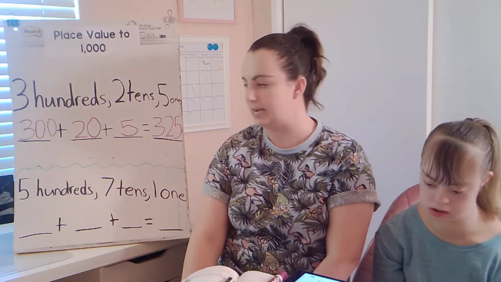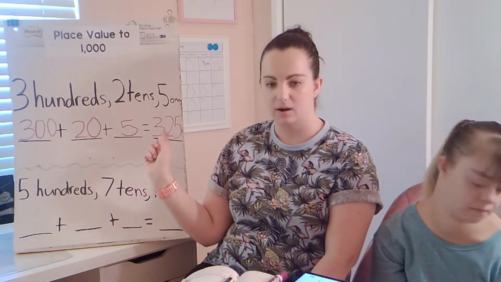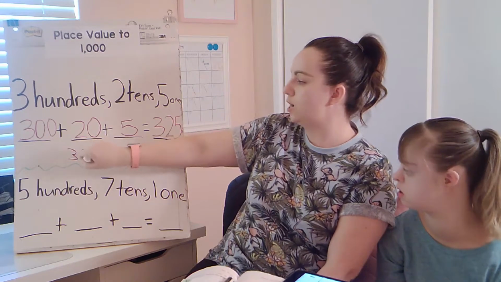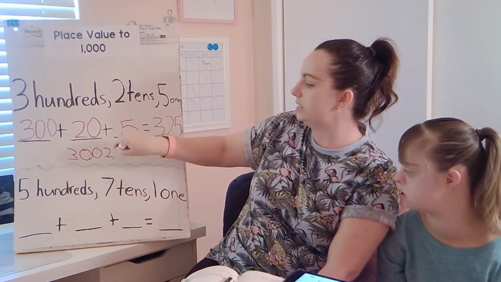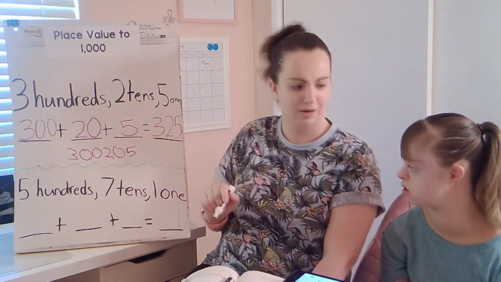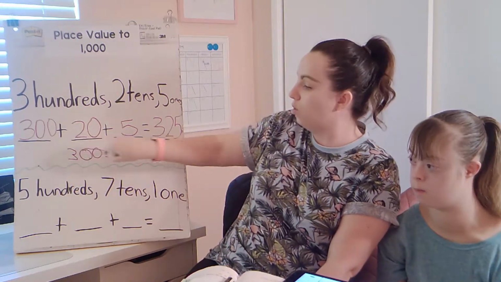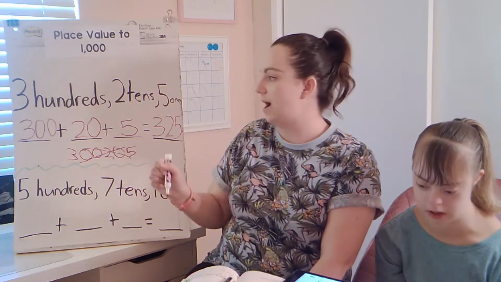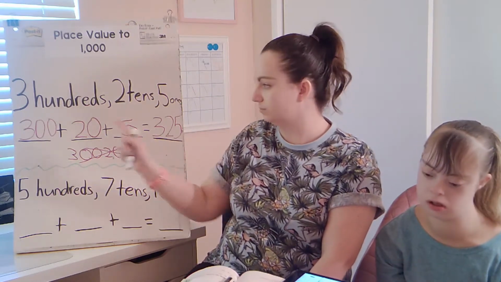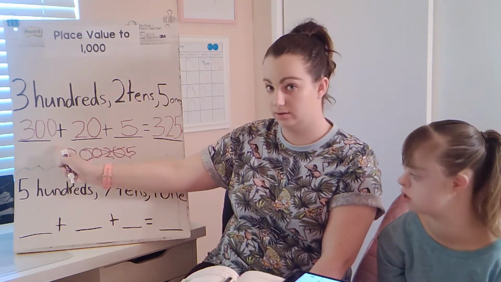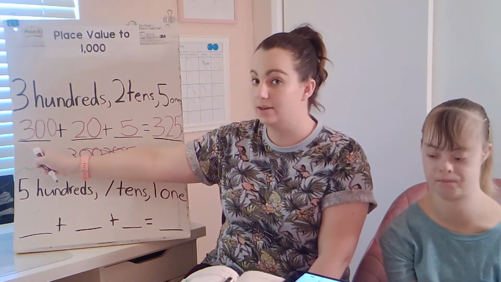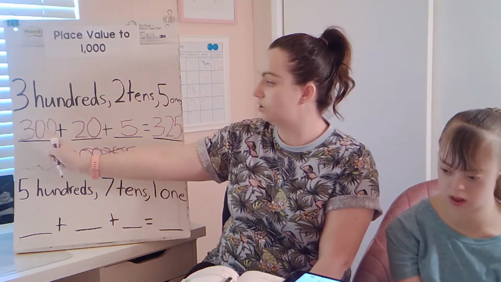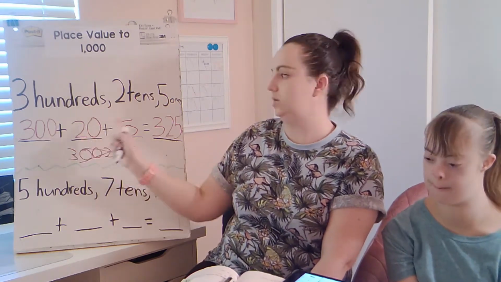It helps that we're doing our best to learn place value, okay? Because when you're adding up this number and writing it, I don't want you to write, oh, it's 300205. No, that's a totally different number, okay? You have to put them together. The 300. You know you'll have 3 in the 100 spot over here on the left. But these zeros will be taken by the 20 and the 5.